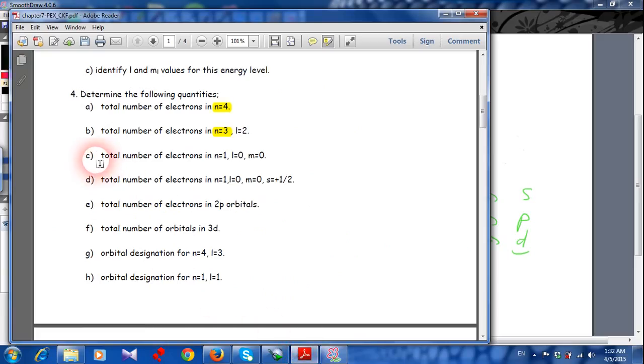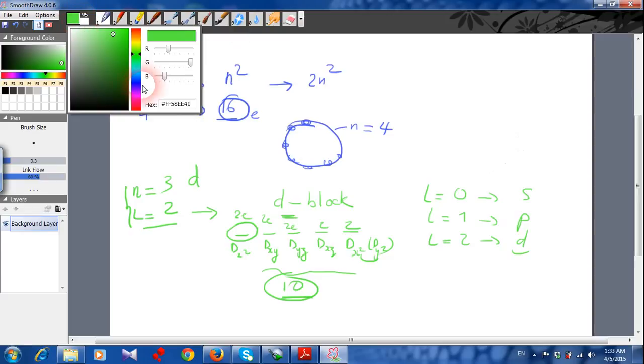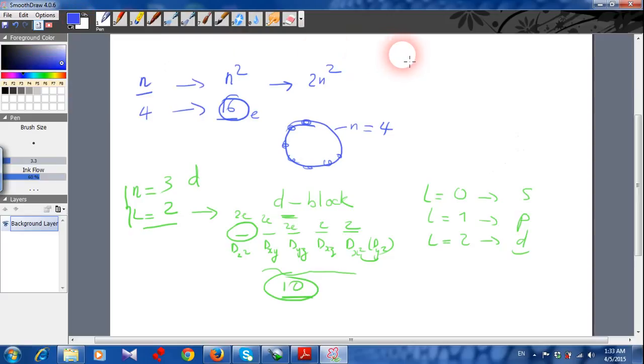We move to question C: n is 1, l is 0, and ml is 0.